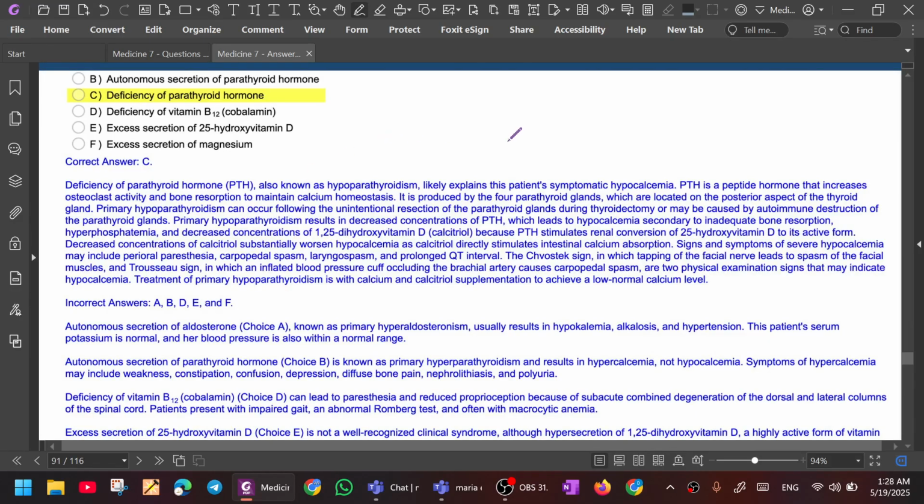Primary hypoparathyroidism can occur following an unintentional resection of the parathyroid gland during thyroidectomy or may be caused by autoimmune destruction of the parathyroid gland. Primary hypoparathyroidism results in decreased concentration of PTH, which leads to hypocalcemia secondary to inadequate bone resorption.